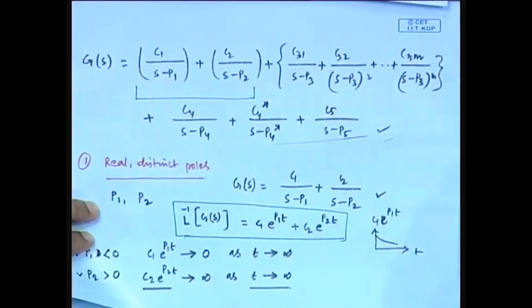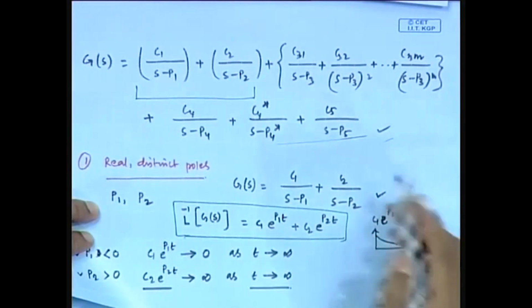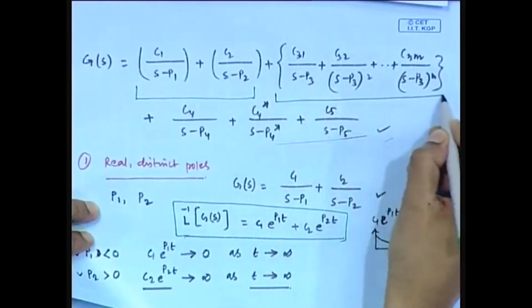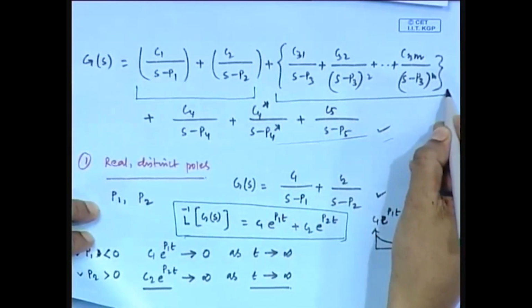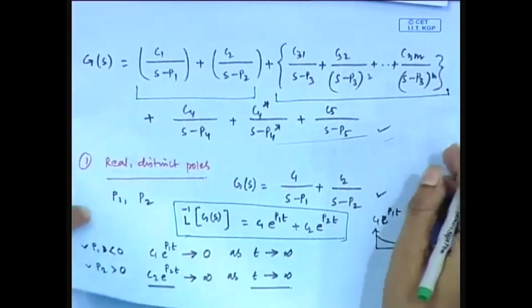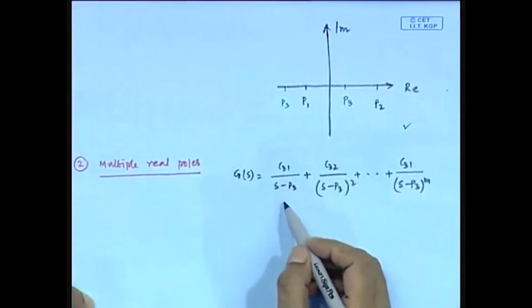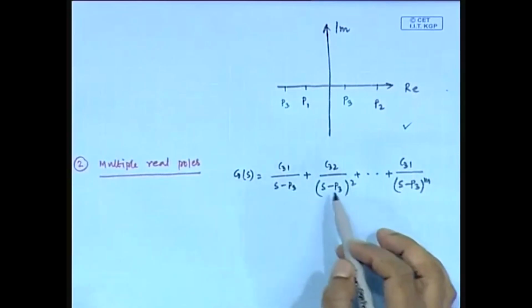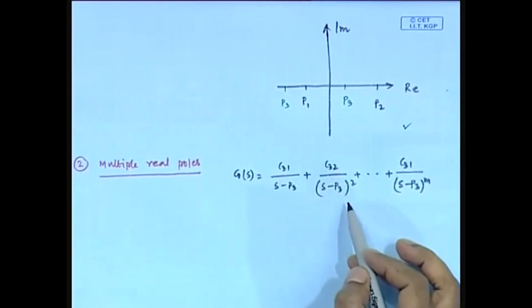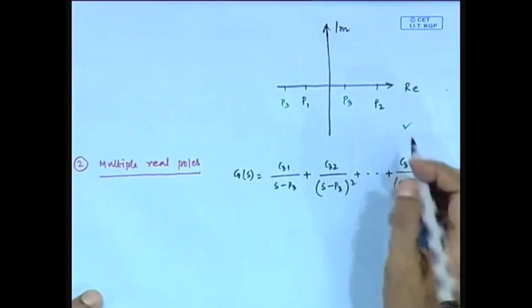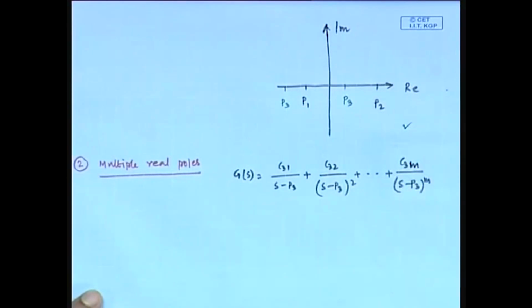Now, to consider the multiple real roots, we are considering this part as the transfer function, that I have written there. So, G(s) = C31/(s - P3) + C32/(s - P3)^2 and so on, up to C3m/(s - P3)^m.